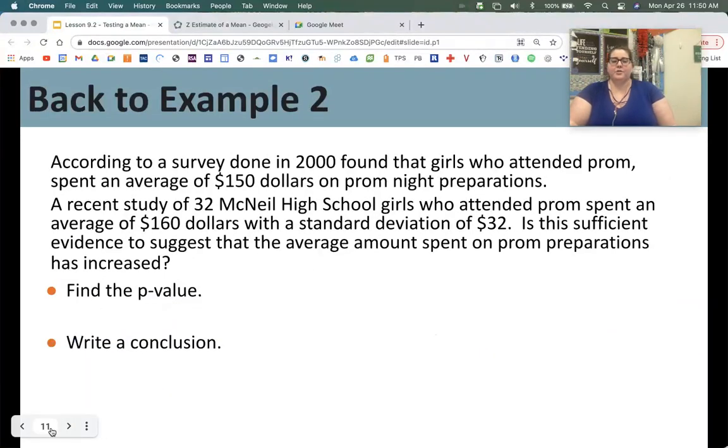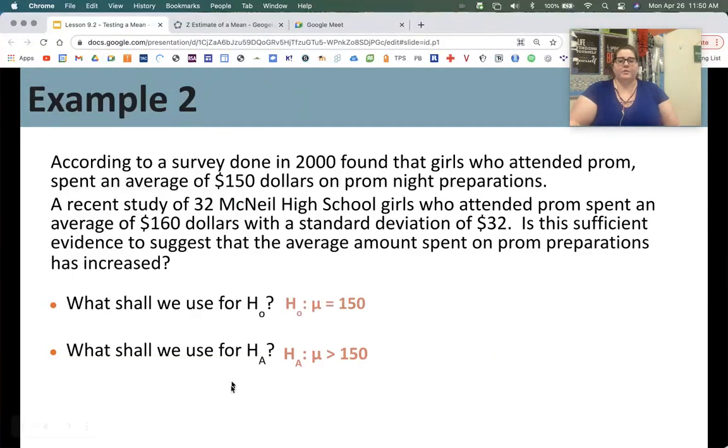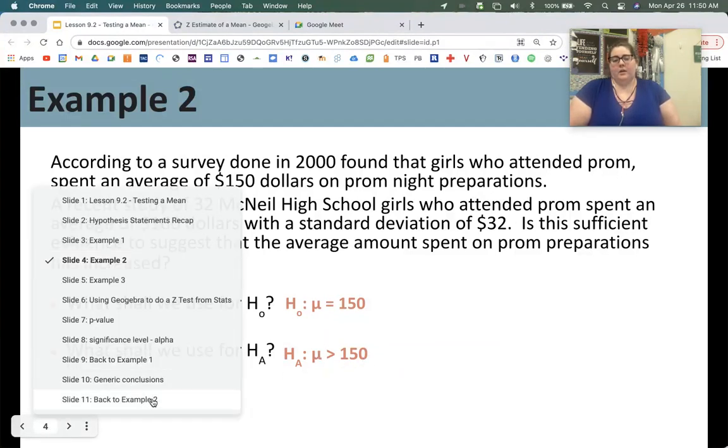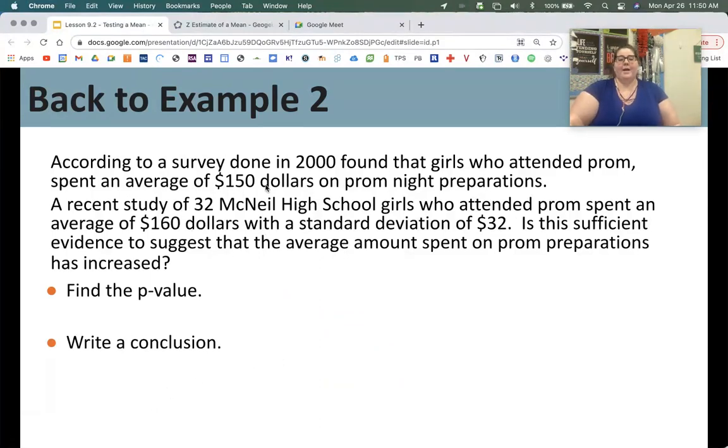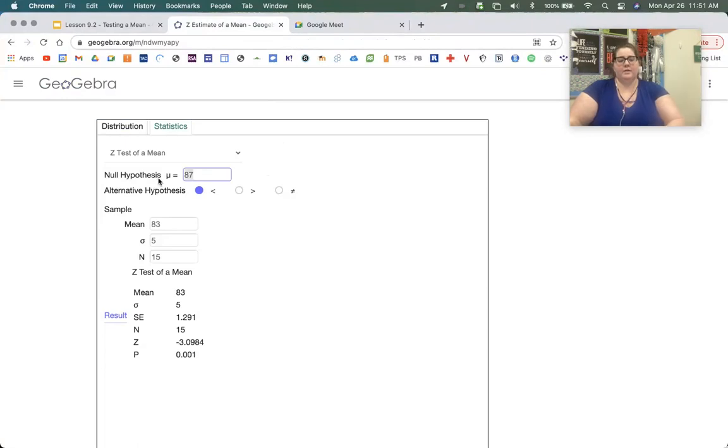So let's do another couple of examples. Back to example 2. Remember, we were saying mu equals 150 is the null, that girls spend $150 on prom. And based on our sample, we are trying to show that the average is actually greater, so mu is greater than 150. I'm going to go back to my calculator and type in my null of 150, and then I think it's greater.